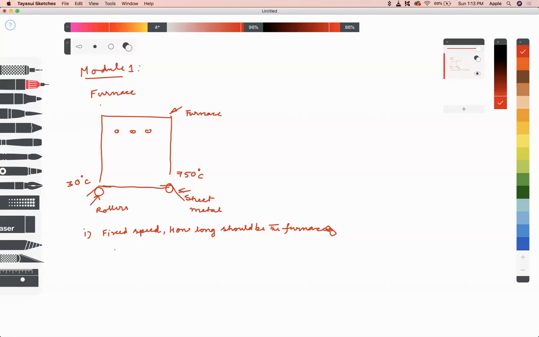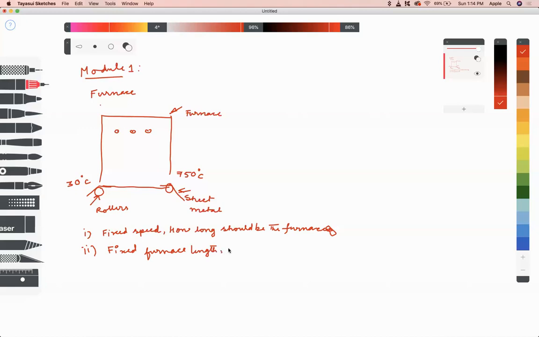So you need to know how long the furnace will be. And the second type of question is that suppose you have a fixed length of furnace.